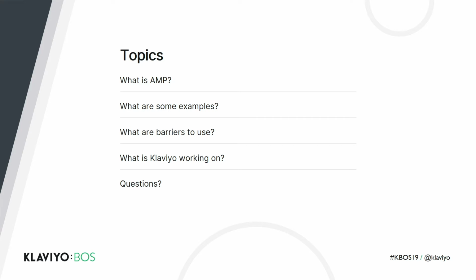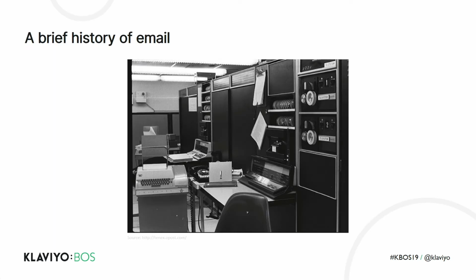So before I can talk about what AMP for email is, we need to take a journey back in time. We need to go back before Klaviyo, before e-commerce, even before the internet, back to the ARPANET. That's right, in 1969, there was only the ARPANET. These are room-level computers at universities, all connected to each other.